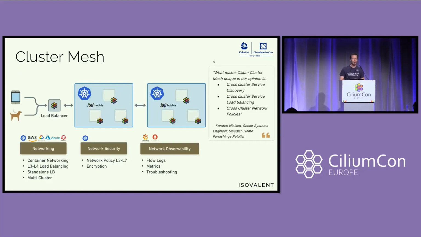Cluster mesh. We added the ability to connect multiple Kubernetes clusters together. I think all the way back in 2018 when we first talked about this at KubeCon. It was a little bit early on, but today this is a major feature many Cilium users use.